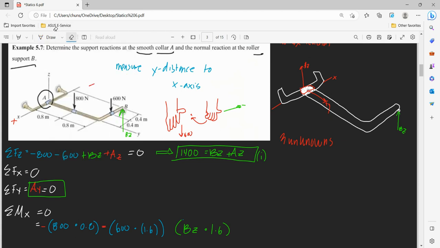And now for our BZ reaction, we're going to point our fingers upwards in our right hand. And when we curl our hand towards our x-axis, sorry, drawing the wrong hand.